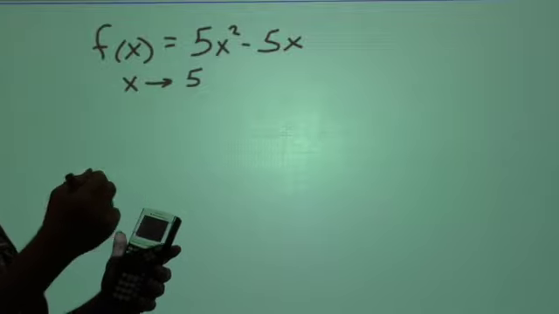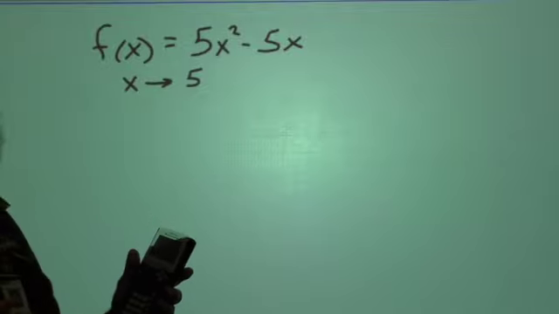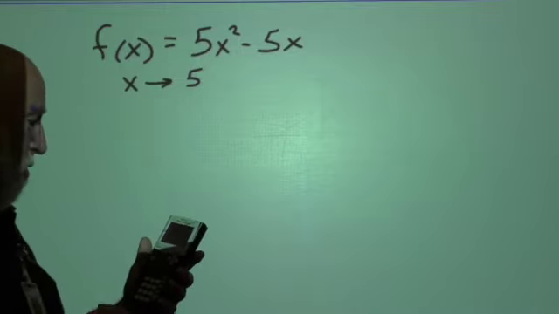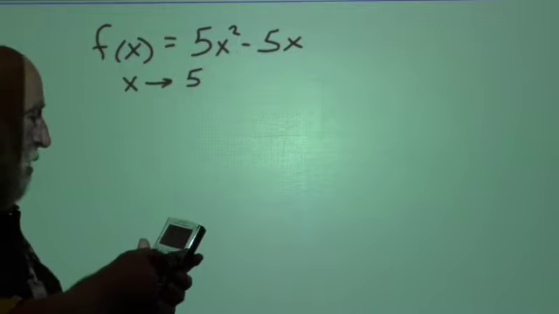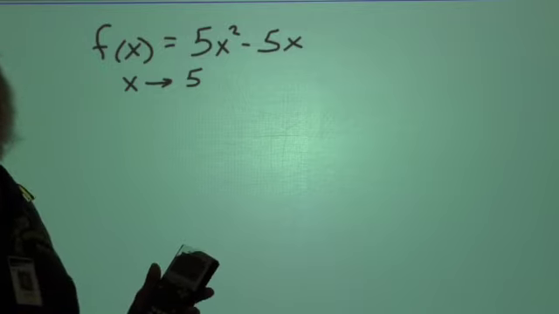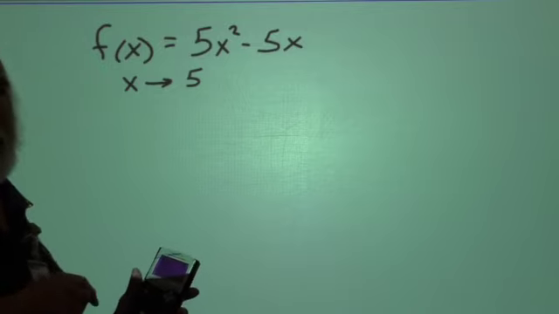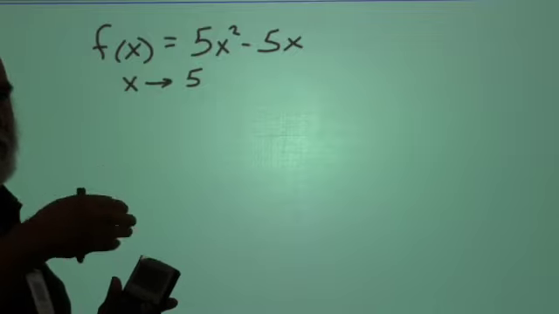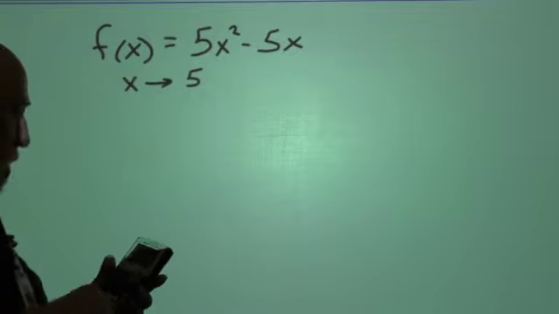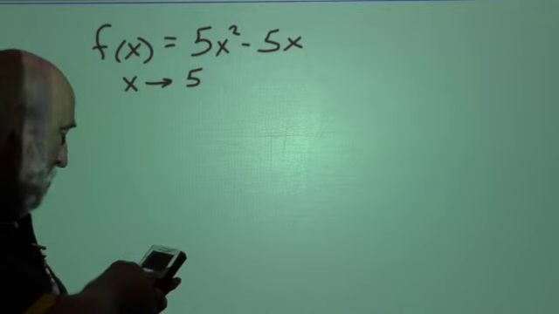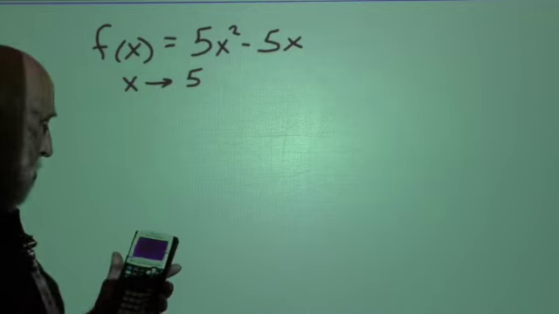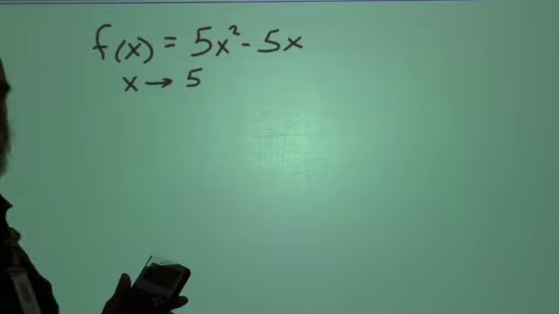That means you're going to go to the standard window, and we'll talk about window in just a little bit in case you've forgotten or never knew how to do that. When you hit that, it will automatically graph using the standard numbers for x and y. X being negative 10 to positive 10, y being negative 10 to positive 10, and every line on there represents a 1. Okay, so you hit the 6 for the zoom, and you're going to see a parabola form.